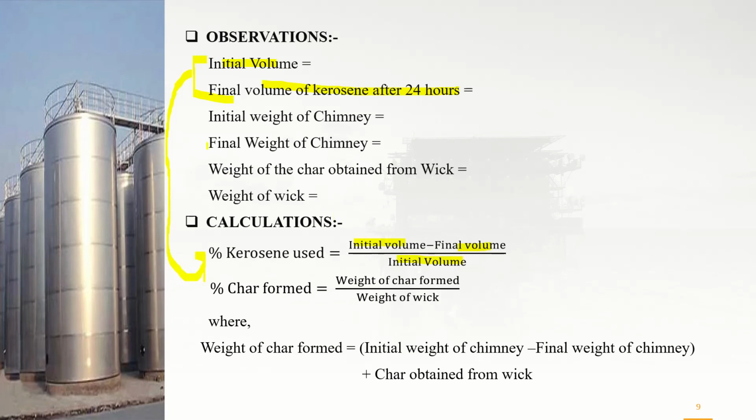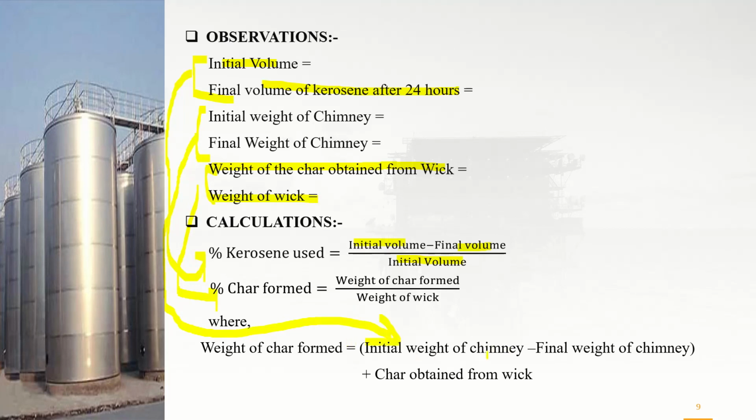Another observations are the weight of the char obtained from the wick and the weight of the wick. These two will help us in calculating the percentage of char formed, that is weight of char formed divided by the weight of the wick. And these two quantities, the initial and final weight of the chimney, will give the amount of char inside our chimney.